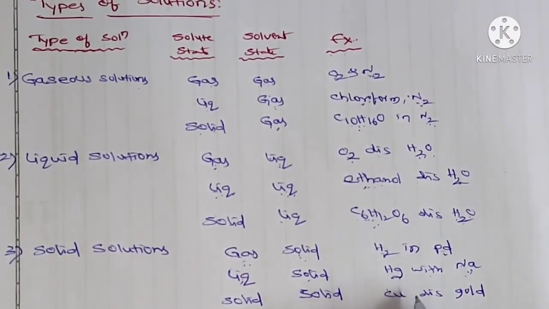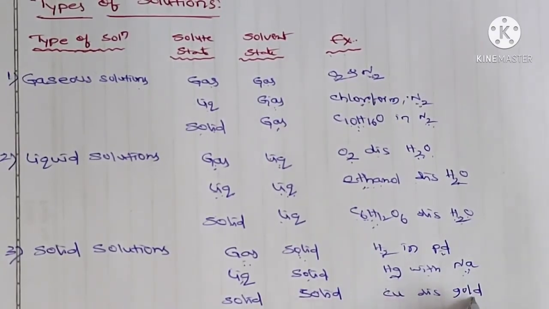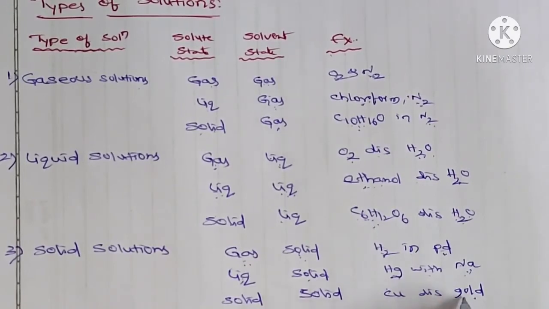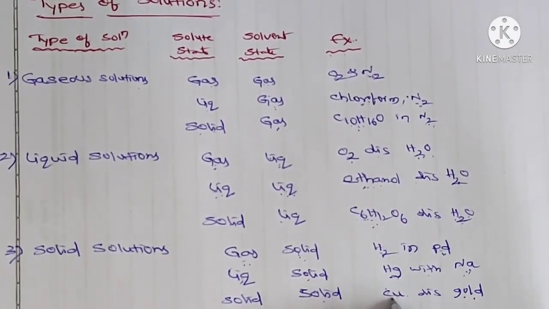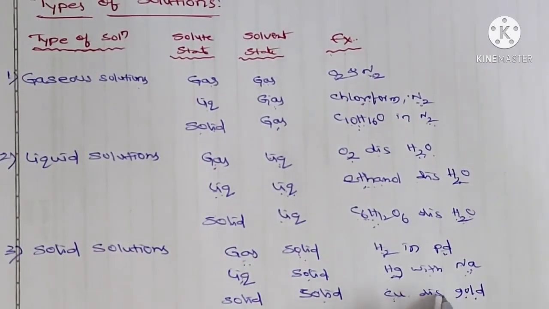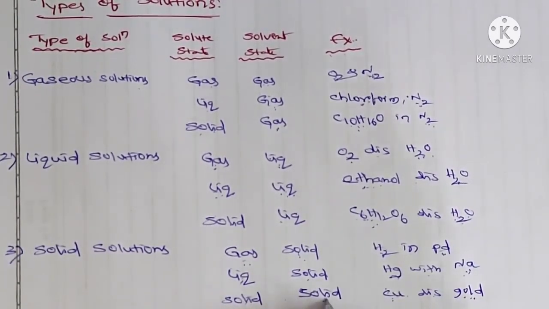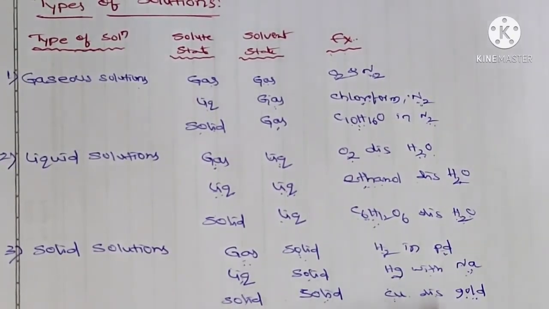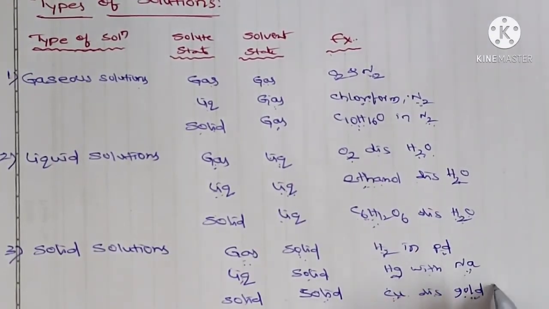The ornaments made by combination of copper and gold. Gold is in large amount, so it is a solvent, and copper is in less amount, so it is a solute. So copper dissolved in gold is a solid in solid solution. Both are in solid state, copper solid, and gold also solid.